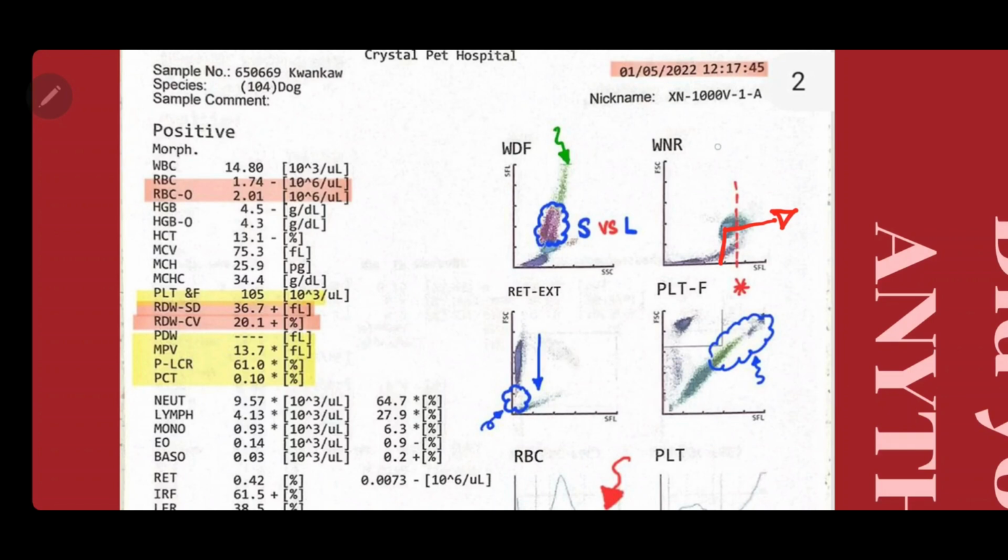Now let's look at the WDF graph. What we see is the relationship between S lymph and L lymph. Do you see that the colors for S and L are almost the same? So, we need to examine the S and L values. Let's take a look.